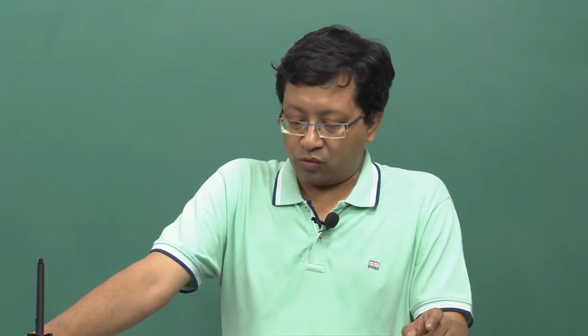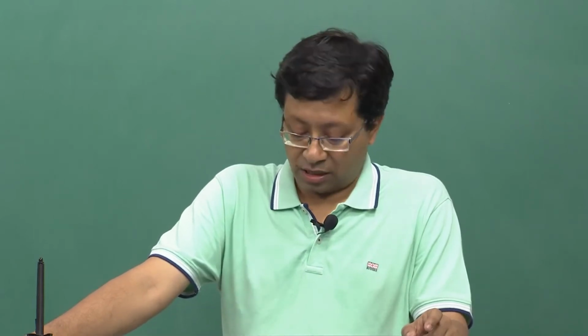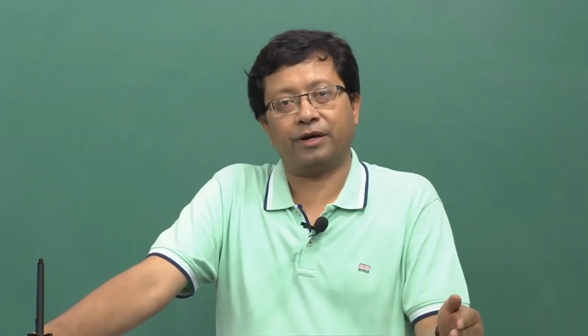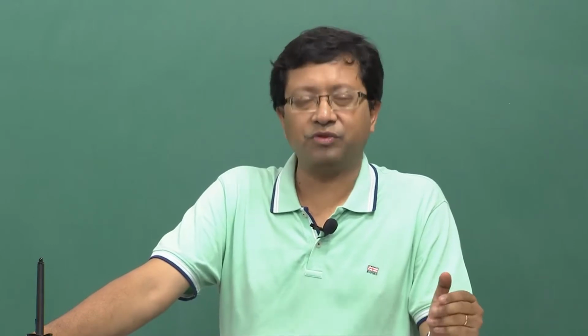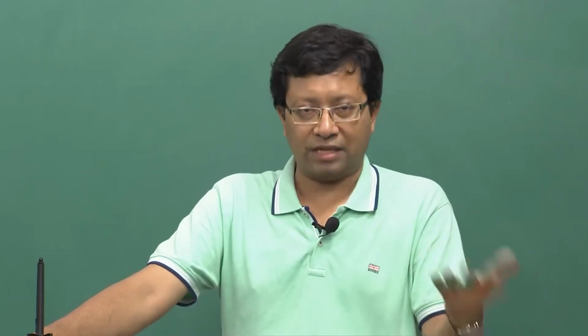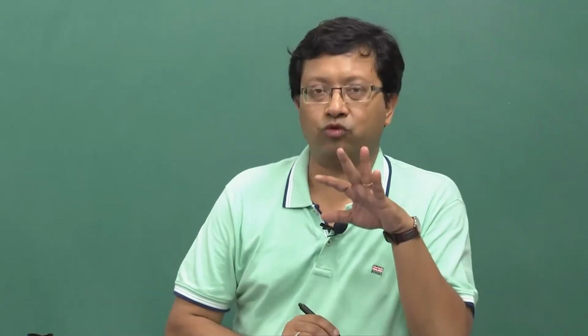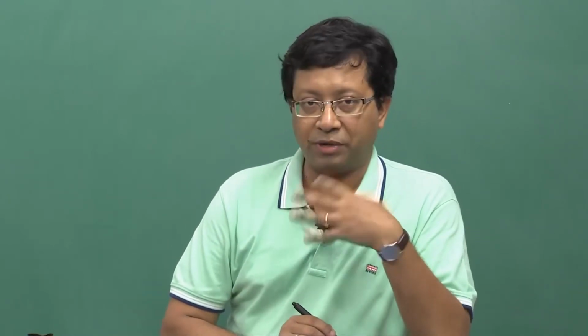Now when I am coming to the R charts, obviously the values of the coefficients or the factors which we multiply by, depending on the sample size, would also depend on N old and N new, which is basically N1 and N2 as I am using in the example. So I will highlight it using the highlighter to make sense.